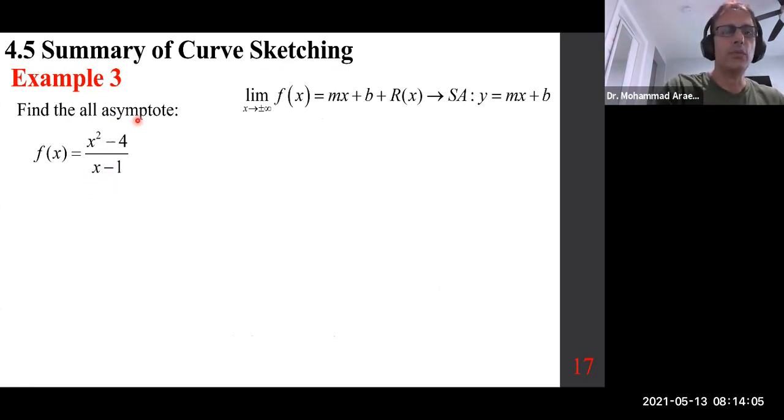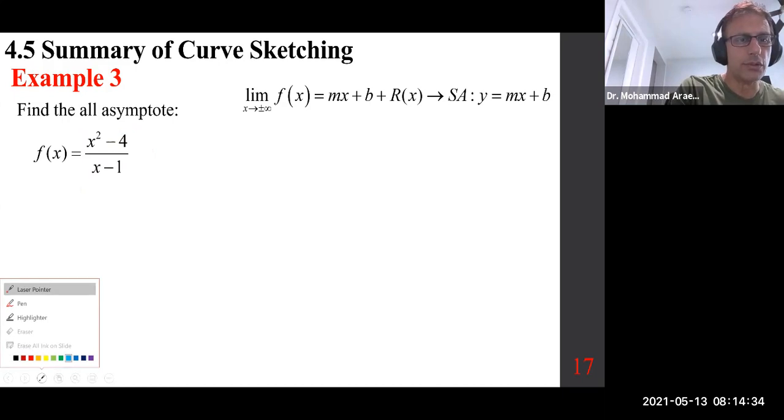When the degrees of the numerator and denominator are the same, the leading coefficients take over. If the numerator's degree is less than the denominator's, then y equals 0. And if it's larger by precisely 1, we have an oblique asymptote that can be found by taking long division or synthetic division.